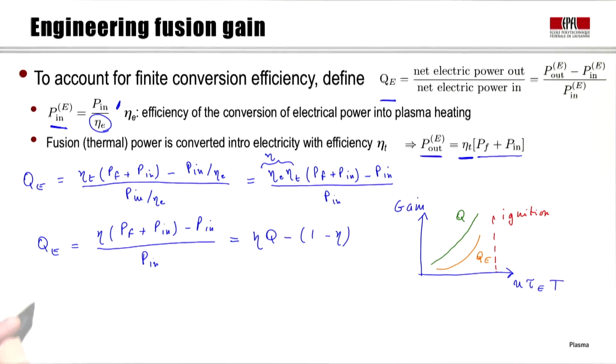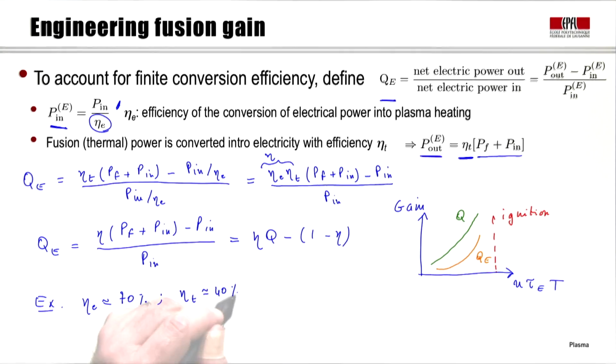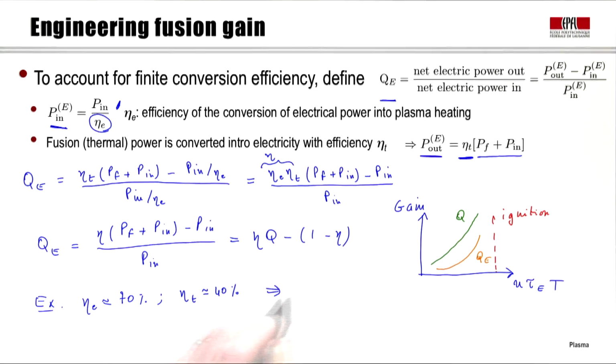Let's conclude with a numerical example. I take a reasonably optimistic set of values: 70% for the conversion efficiency of electrical power into plasma heating and 40% for the conversion efficiency of fusion power into electricity. That means the product of the two is 28%, and QE corresponds to 0.28 times the physics gain Q minus 0.72.